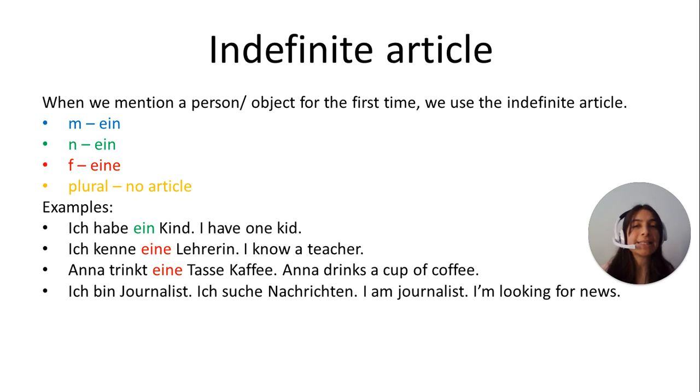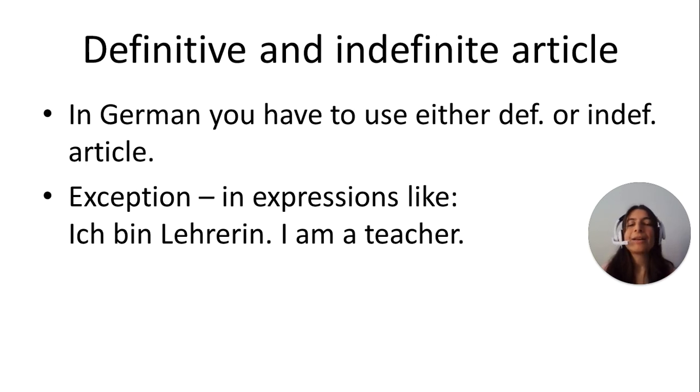You see in the last example, Nachrichten, that's the plural form of the noun die Nachricht. And before Nachrichten, we don't use any article because it's plural. And I will make a note here about both types of definitive and indefinite articles.